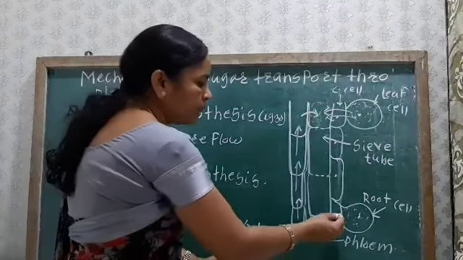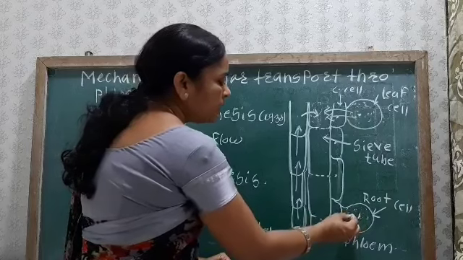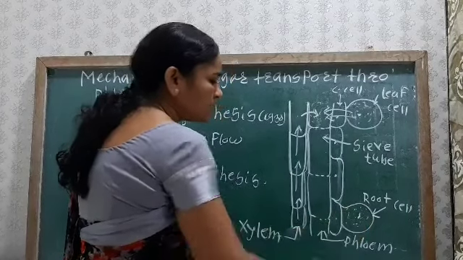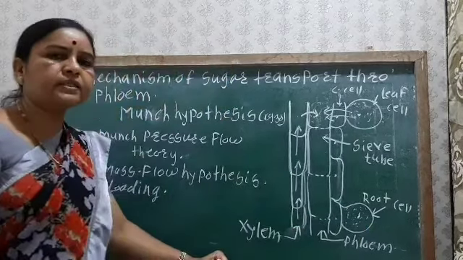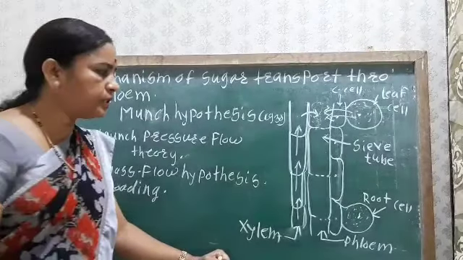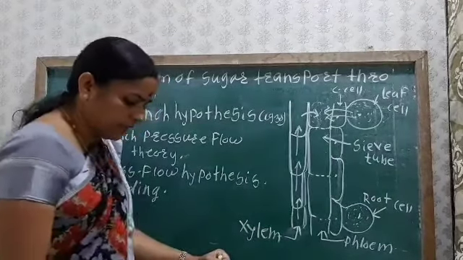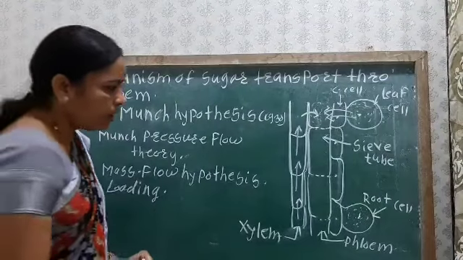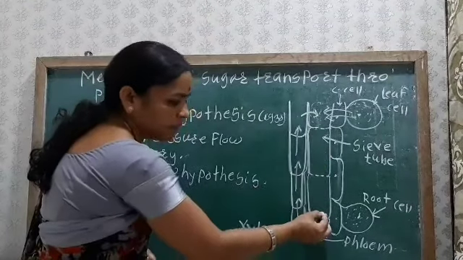So what happens, see here, due to the decrease in the turgor pressure, or due to the decrease in the osmotic concentration of this root cell, a turgor pressure gradient develops.